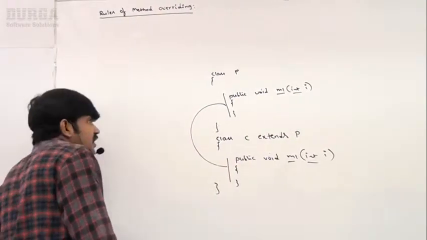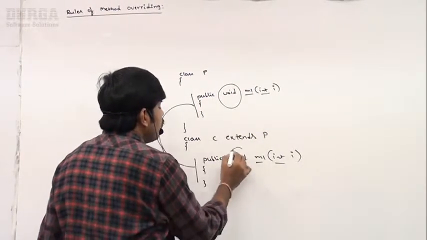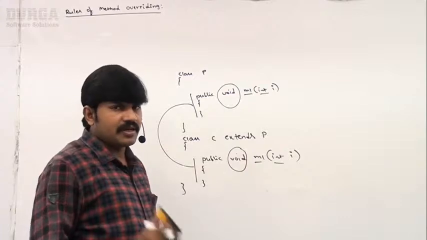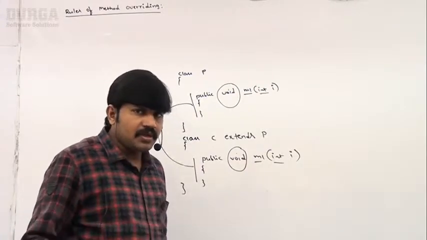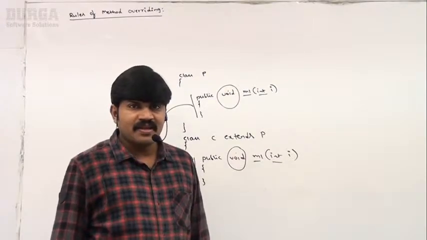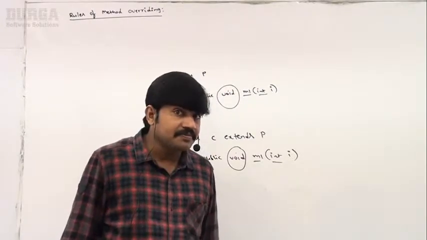The second rule is about return type. Are you getting? What about return type? Can you please confirm? Return types must be the same or may be different? Yes, friends. Return types must be compulsorily the same in overriding or can be different?